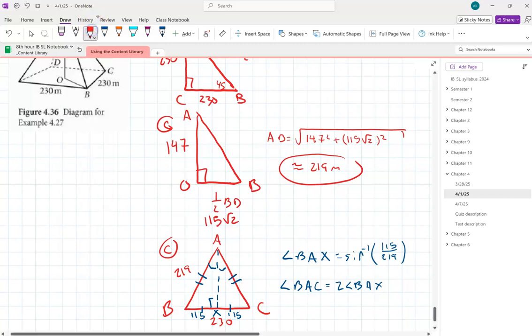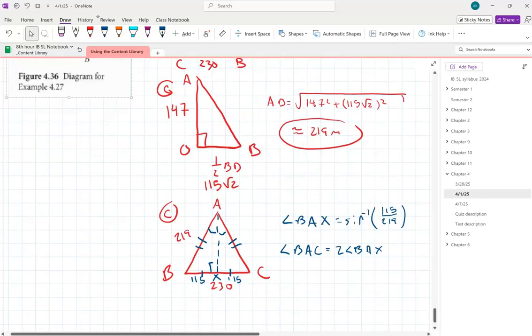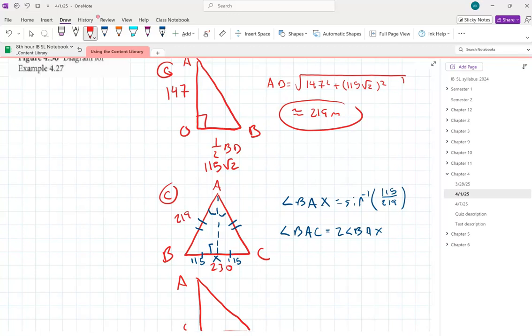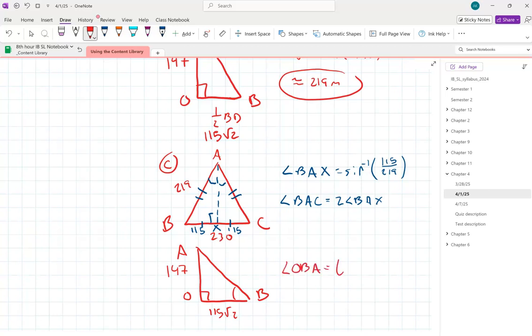The other thing that they asked us for was angle OBA. Is A the top? Yeah, A is the top. So we found that this was 115 root 2. That was 147. And we're looking for this angle here. Again, we can just find that using right triangle trig.